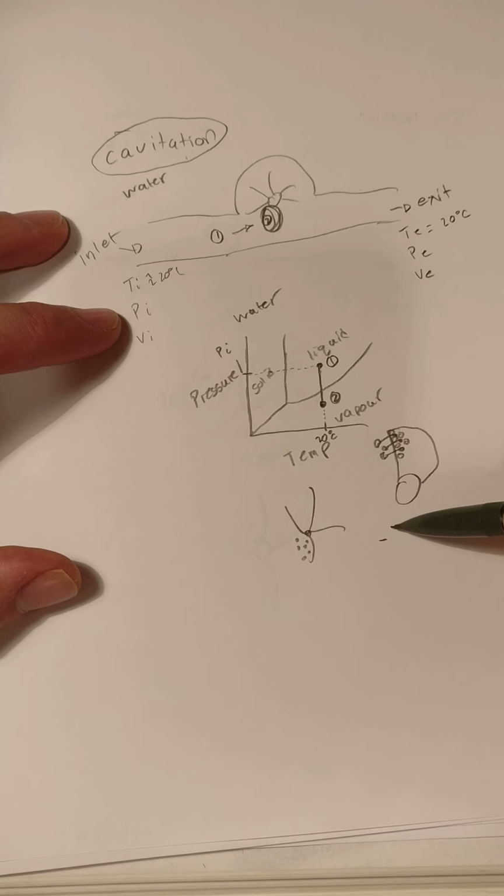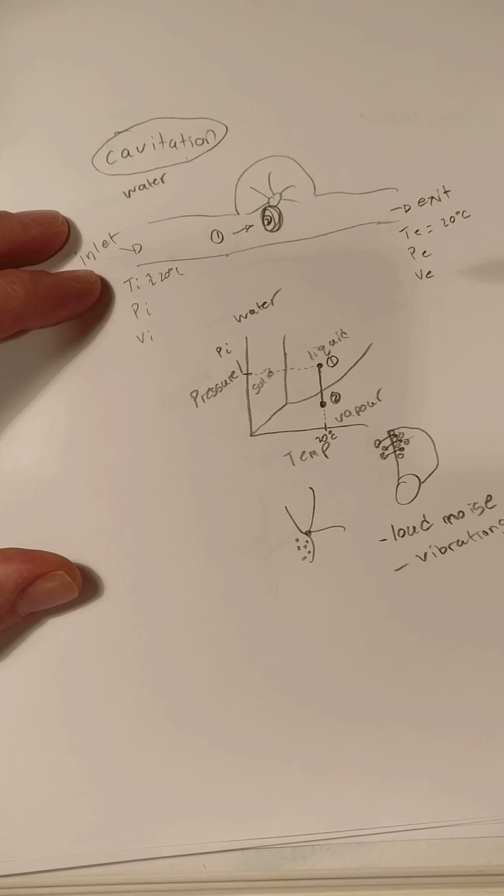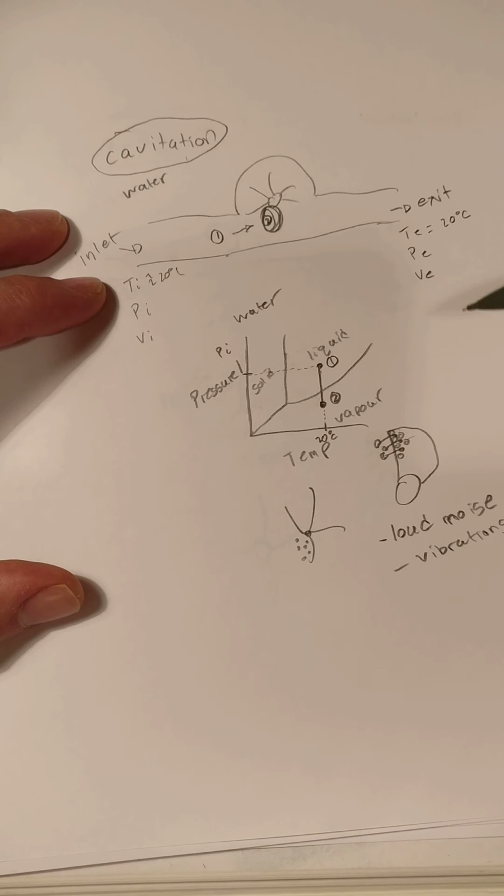Since you have these vapor bubbles impacting, it also causes loud noises, and it causes vibrations. Vibrations don't necessarily mean the fin breaks, but since the pump is all connected, the whole pump is vibrating, and this may cause another component to break down.